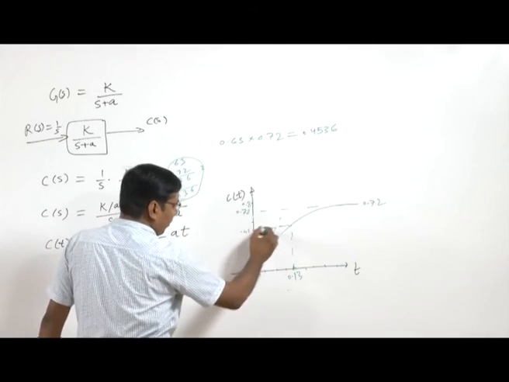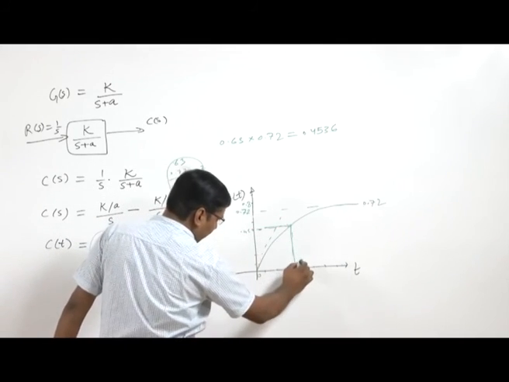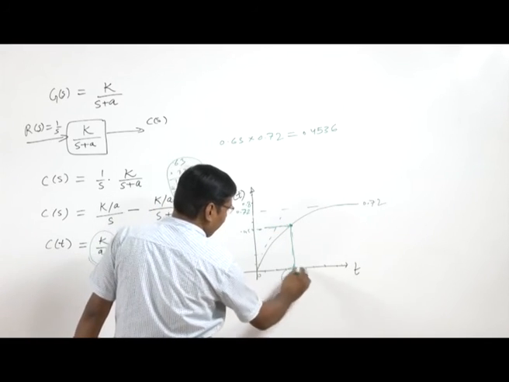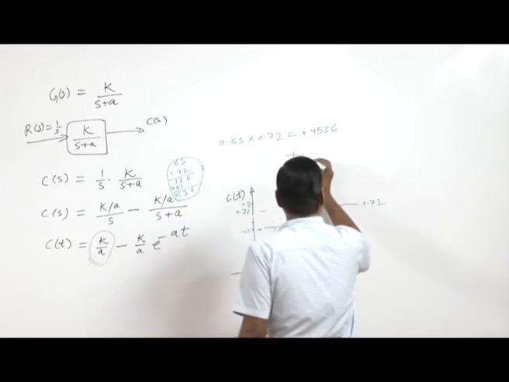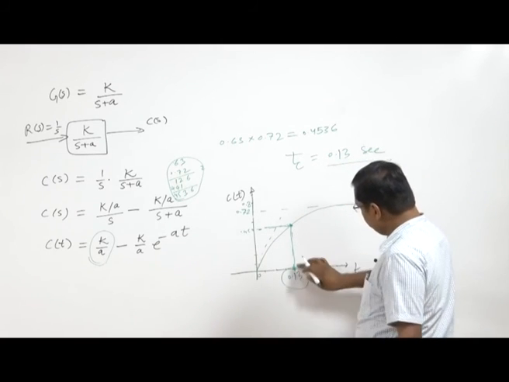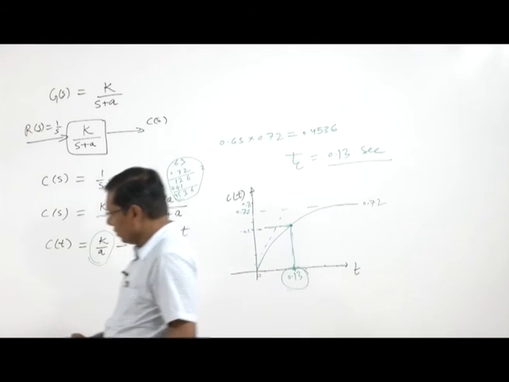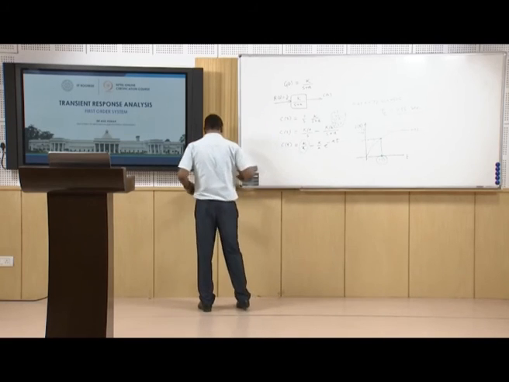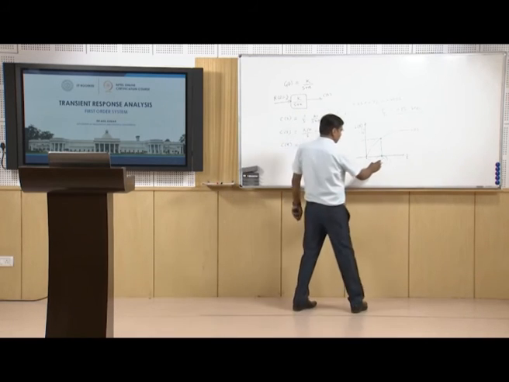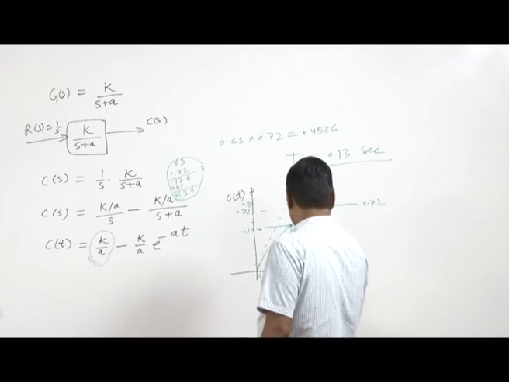So from here we will take the time at which this value is reached for this response, and that is the time constant. So we get that Tc equal to 0.13 second, because this value we are getting. So this is a time constant.